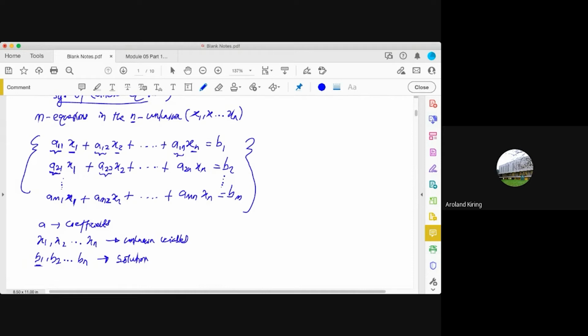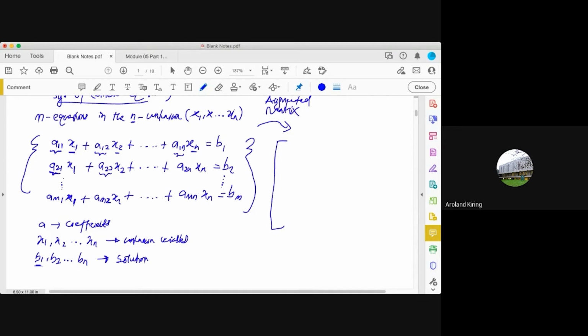So another way to solve this system of linear equations is by representing it in matrix form. The matrix form that we're going to create is called an augmented matrix. This augmented matrix simply represents your system of linear equations in matrix form. Let's say this is our matrix. We start with the first equation.